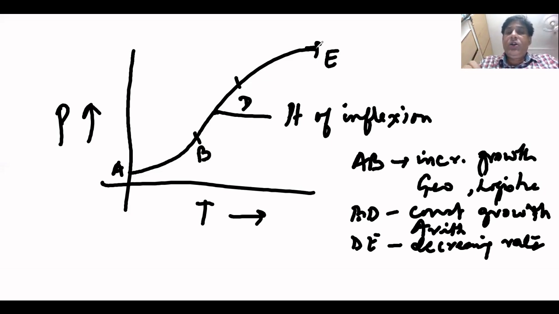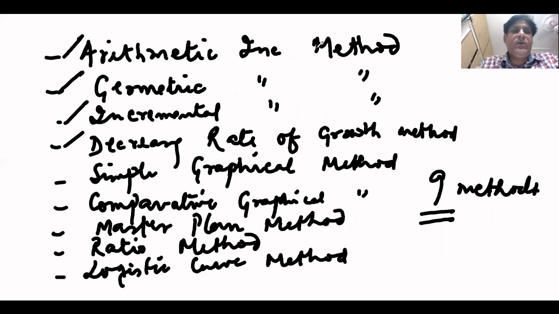If you recall, turn over the pages of your initial chapters, you will find that we had taken a particular example and we had solved the arithmetic method, geometric increase method, incremental increase method, and decreasing rate of growth method. The same question, the same set of values were used to solve these methods.